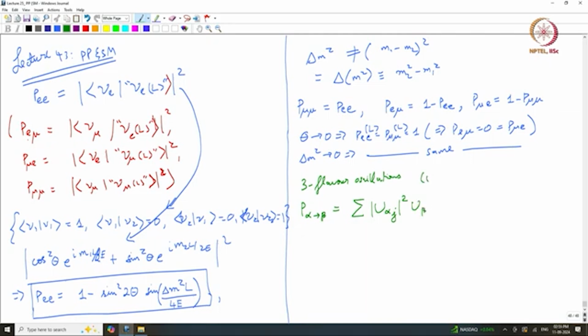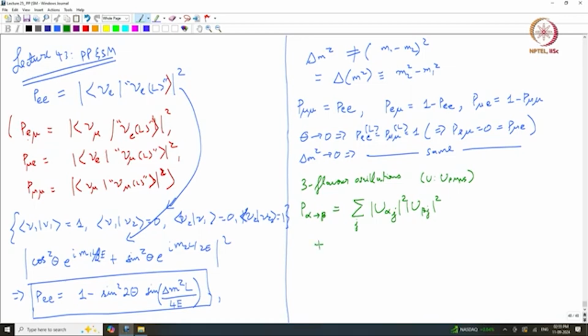So let me just write this, U is U_PMNS, okay? Again, Greek indices stand for flavor and Latin indices stand for mass eigenstate, okay?